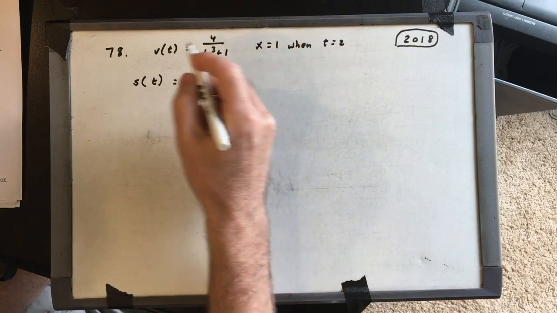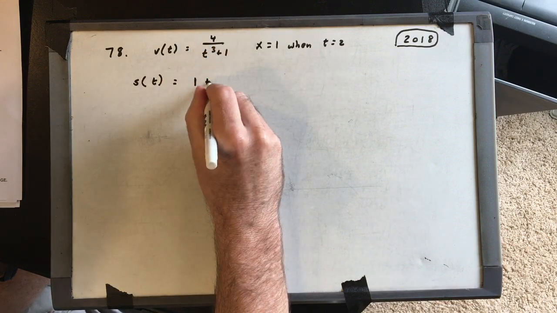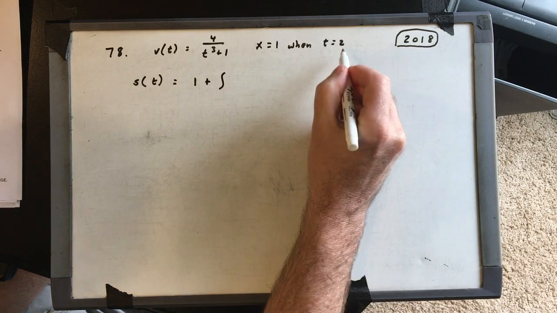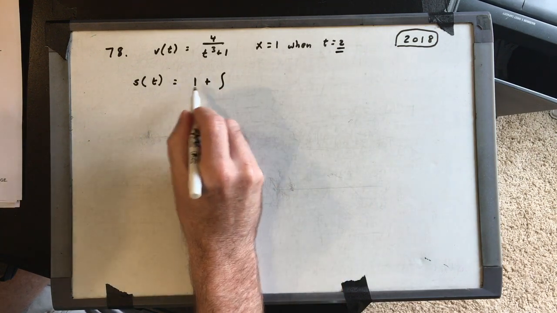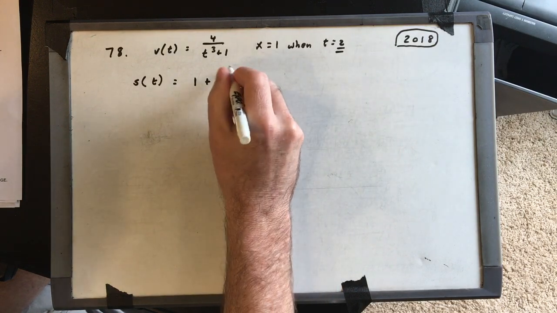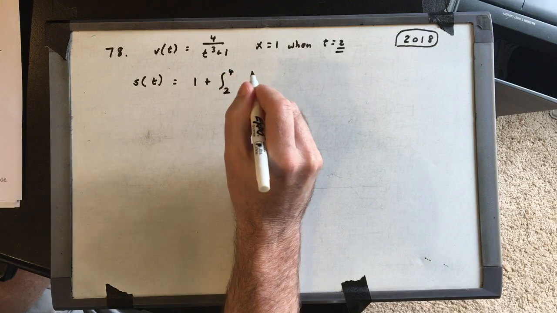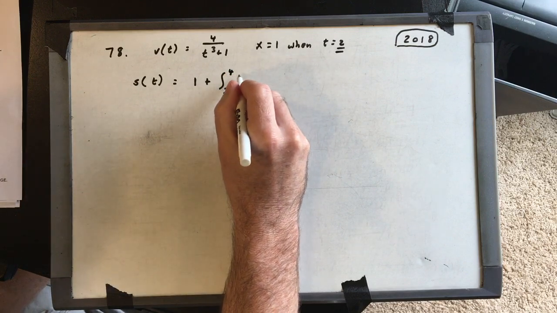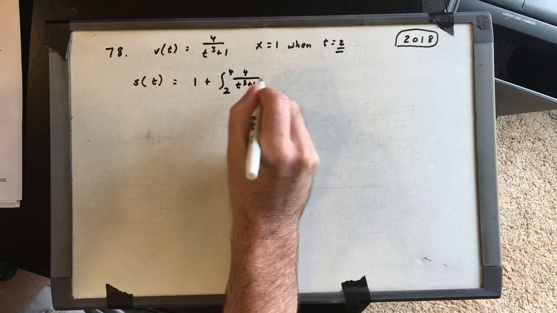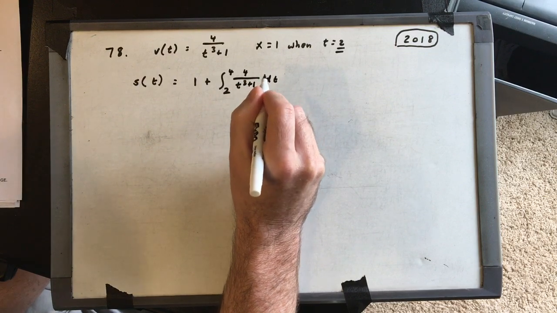So to get position, you integrate velocity. So plus, and then we're starting at 2. The position is 1 when time is 2, so we need to go from 2 to 4. That'll tell us how far it moved, the integral of v of t, so 4 over t cubed plus 1 dt.